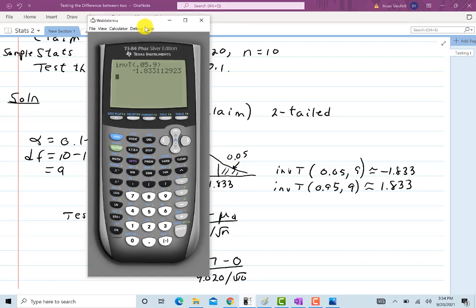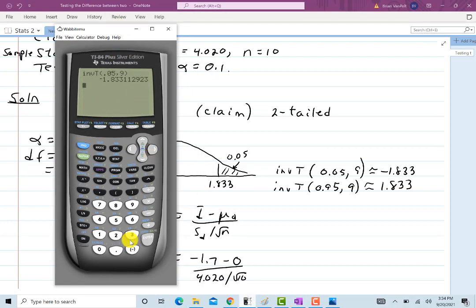So we have negative 1.7 divided by, and don't forget to encase the denominator in parentheses, 4.020 divided by the square root of 10. And then don't forget to get out from underneath the square root and end the parenthesis. Enter.